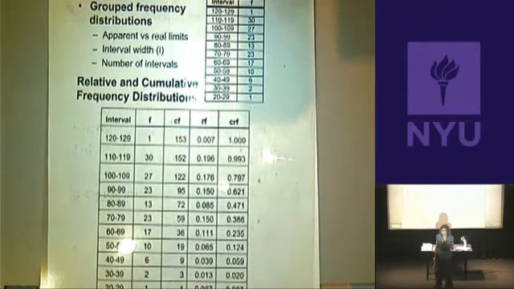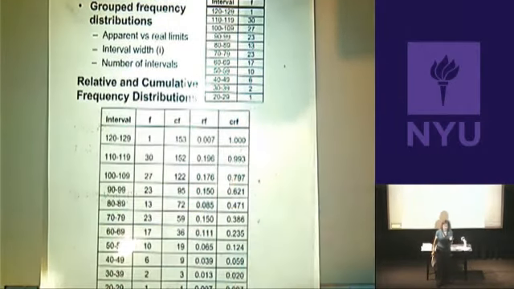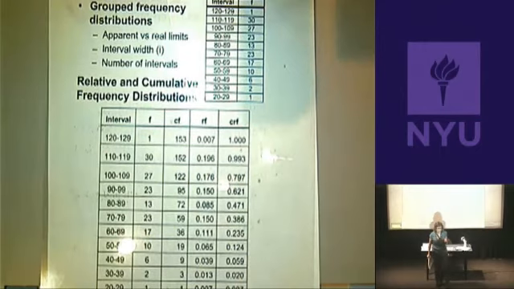All right, so here, what is my interval width? It's actually 10. Why? Because it's the difference between my real limits. These attitude scores, is it a discrete or a continuous variable? Attitude.